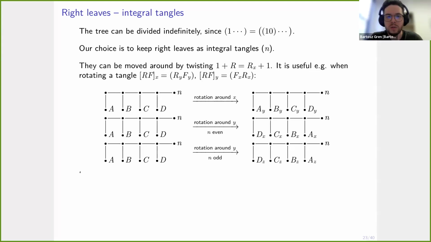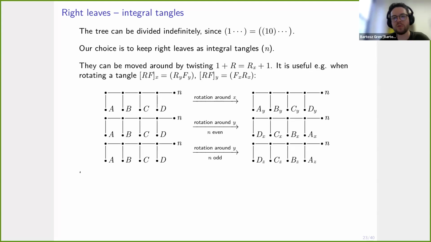If we choose integral tangles to be right leaves, we can use twists to move them around the tree, to move them to the very far right.